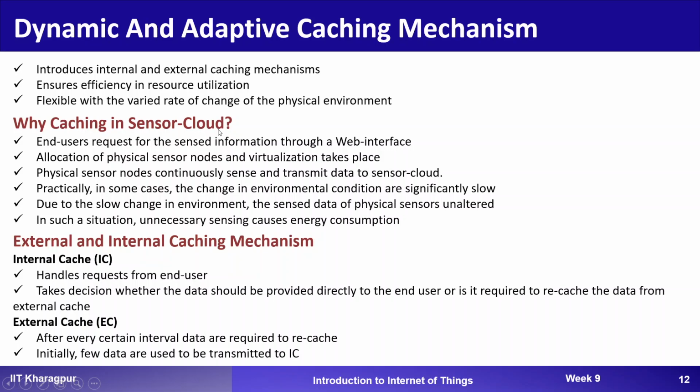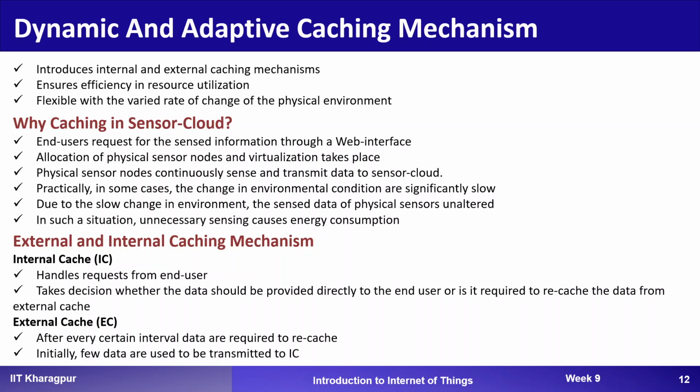Consider a scenario where the data captured by the sensor is not changing very frequently. For example, weather data does not change very frequently, right? So it is a wastage of resources if we are continuously fetching the data from the sensor. In order to prevent that, it is better to store the data near the end devices rather than fetching the data from the sensors every time we need it, right?